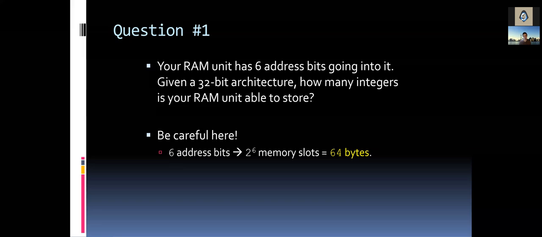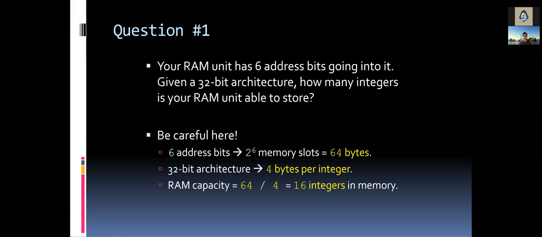So 64 bytes total is how much memory you have. A 32-bit architecture means it's 4 bytes per integer. So that means I can store 16 integers in memory. So the first answer from Yujan was actually correct.